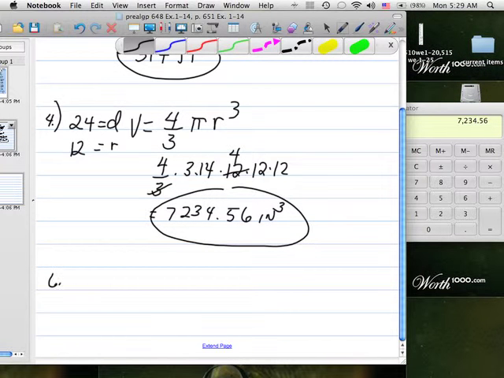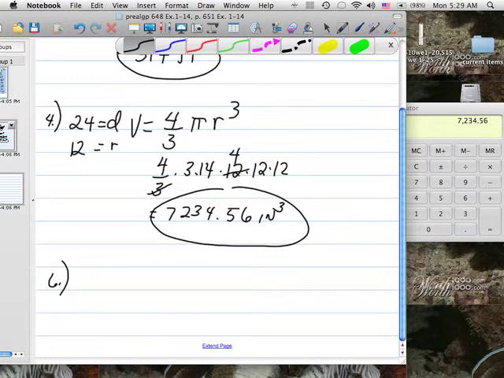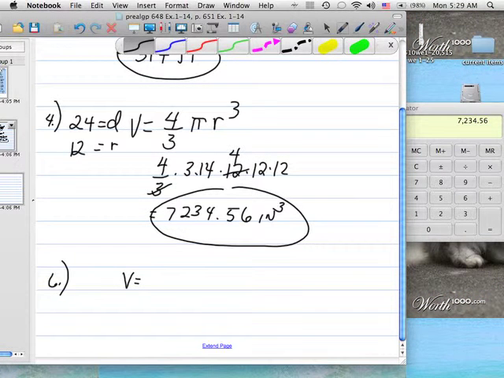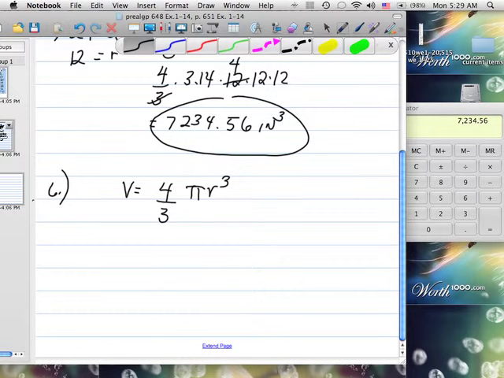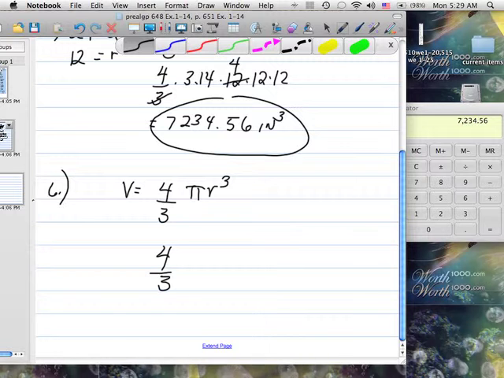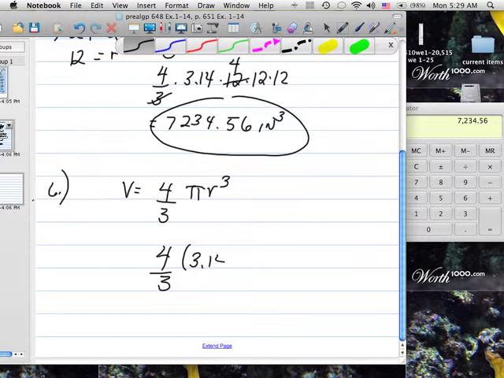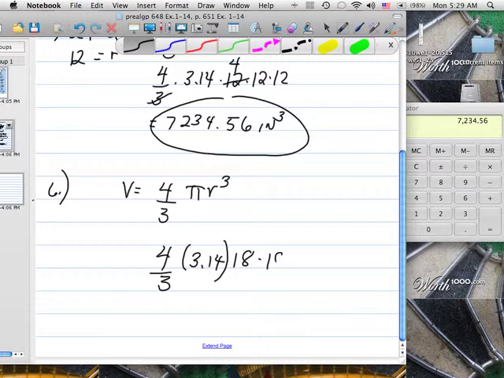Problem number 6. We have a sphere with a radius of 18, not divisible by 7, so we're going to use 3.14, so it's 4/3 pi r cubed. So 4/3 times 3.14, and the radius is 18, and it's cubed, so I'm just going to times it by 18 times 18.